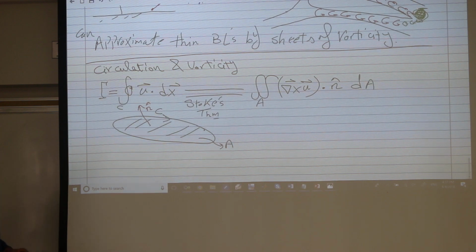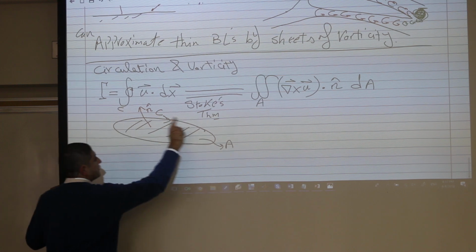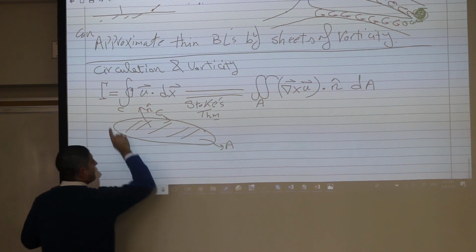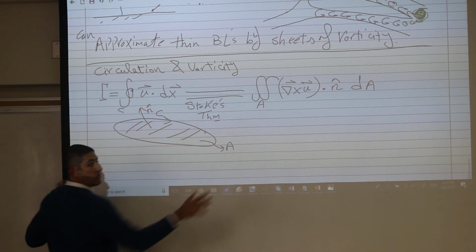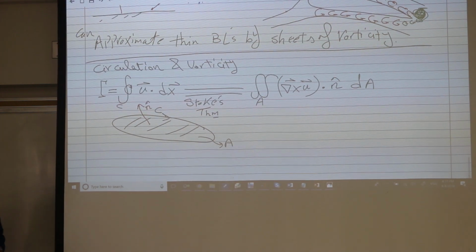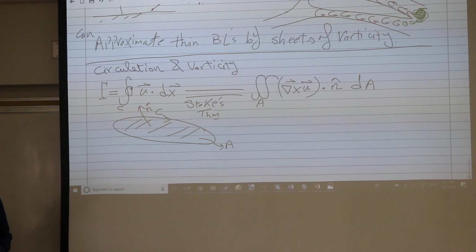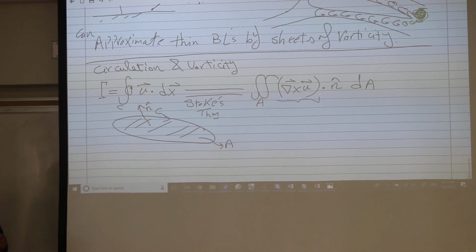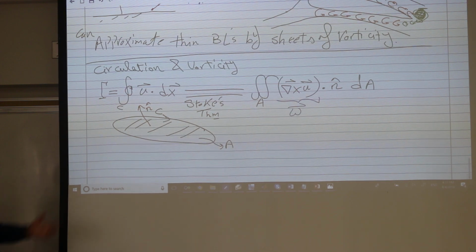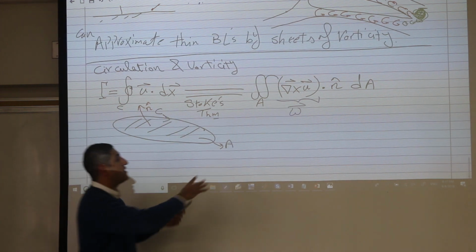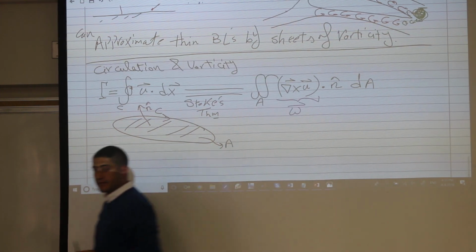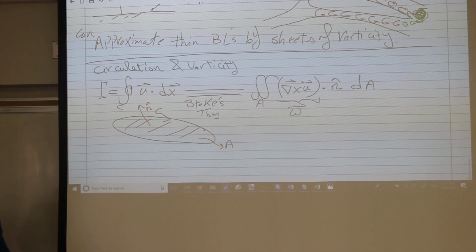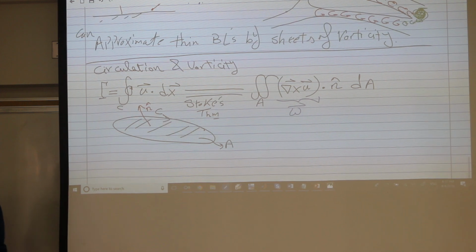So Stokes' theorem converts the line integral on the boundary to an area integral. Okay? And to us, what's this? This is vorticity. So this is the relation between circulation and vorticity. It's simply integrate your vorticity over the area. Any question about that?